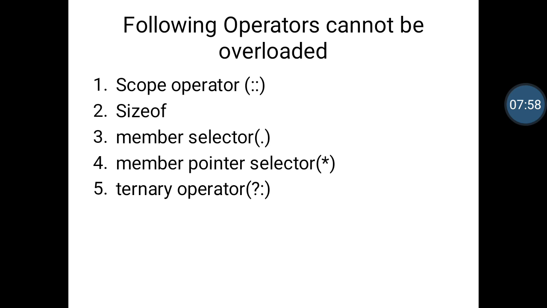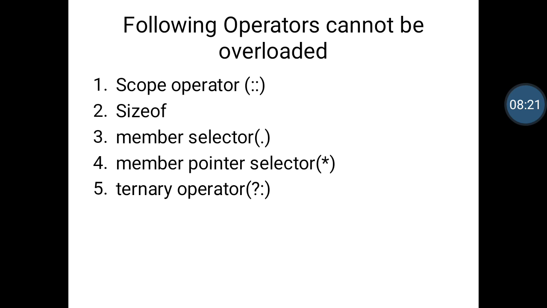Now whenever we are overloading operators, C++ doesn't allow us to overload some of the operators. These are the scope resolution operator, the sizeof operator, the member selector operator, that is the dot operator, which is used to access the members of the class by using an object, then the member pointer selector, that is asterisk.